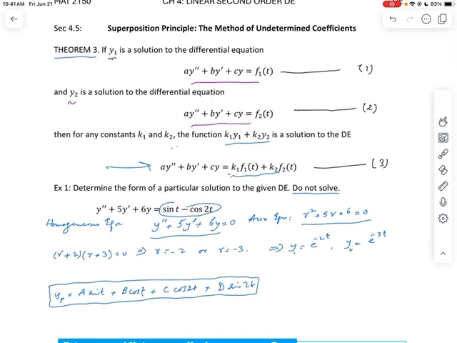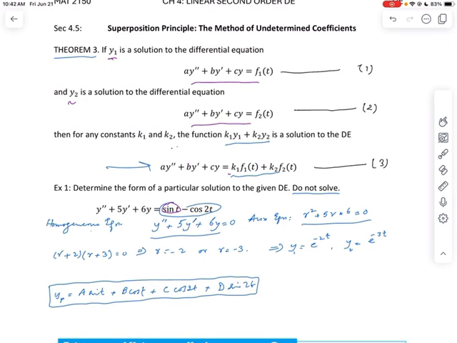like number 3. For example, it says determine the form of a particular solution to the given differential equation and do not solve. Okay? So we can think of the right hand side as sine t being the right side of one equation, and then cosine of 2t as the right side of a second equation with the same left side.